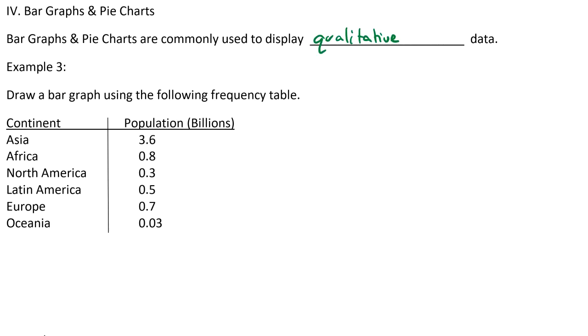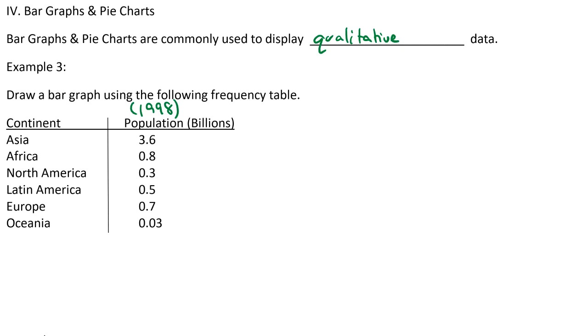So let's look at example 3. Draw a bar graph using the following frequency table. It has continents and the population in billions for that continent. By the way, if anybody's wondering, this information was from 1998, so no, it's not quite up to date.